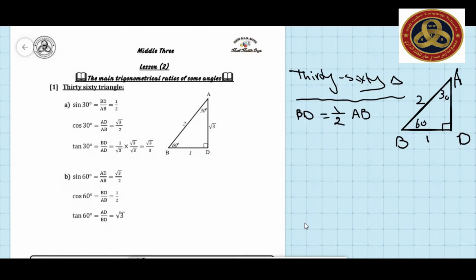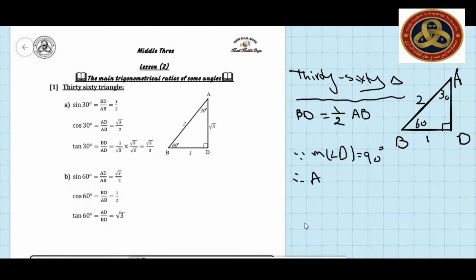If I have the ratio of the two sides BD and AB, how do we get the ratio of the side AD? As we studied in the last lesson, since the measure of angle D equals 90, right? I can apply the Pythagoras theorem.